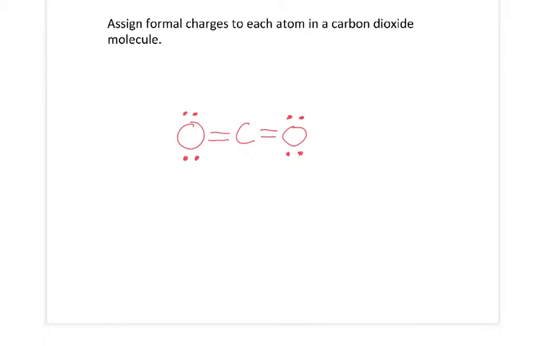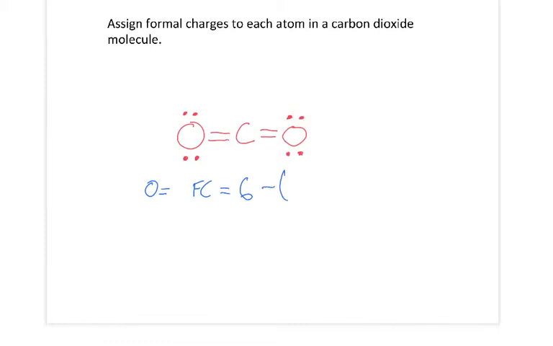Okay, we want to assign formal charges to each atom in a carbon dioxide molecule. So we have our Lewis structure here. So both the oxygens are the same. They're both double bonded to the carbon. So the oxygen with a double bond, its formal charge is equal to, oxygen has 6 valence electrons. These oxygens have 1, 2, 3, 4 lone pairs.